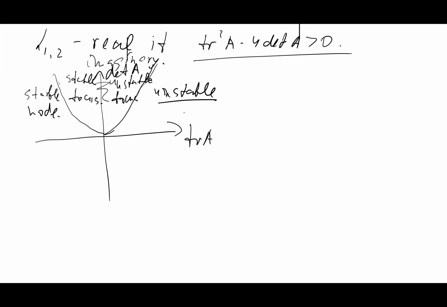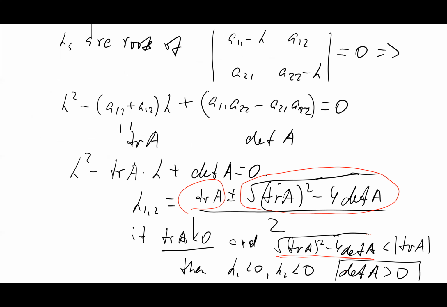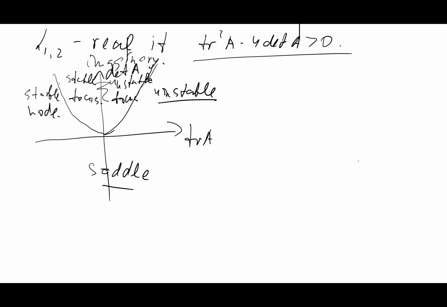We can check it. And if the determinant is negative, then it will be a saddle. It's easy to see from this formula. If the determinant is negative, then trace squared minus a negative number will be larger than trace A squared. And therefore, when we add and subtract this square root to trace A, we will have two numbers of different sign. Therefore, here will be a saddle.